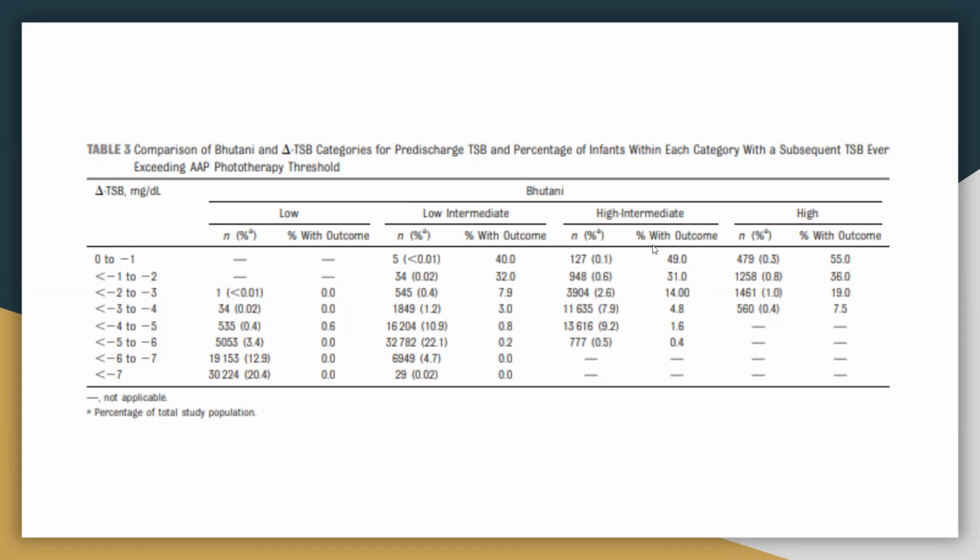So based on this data, the people who created this study were suggesting that if the Delta TSB model is more accurate at predicting whether or not patients are going to meet their phototherapy threshold based on how far they are from their phototherapy threshold at discharge, this could be a way to cut down on the number of return visits or unnecessary visits to the doctor's office.